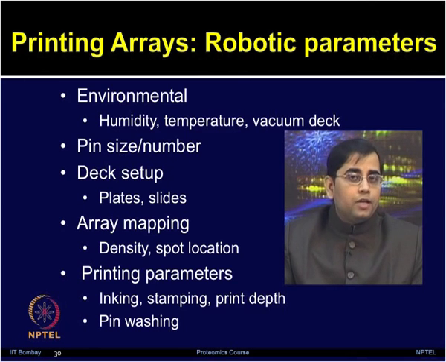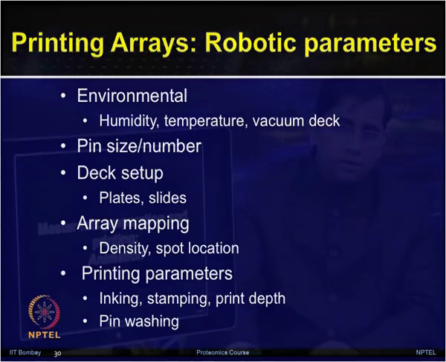So, how the pin washing is performed, and you definitely like to track and log all of this detail, so that if during a large printing anything goes wrong, you can troubleshoot and know at which step things have gone wrong. So, printing good quality arrays is very challenging, but once you have good quality arrays in your hand, then you can perform different types of experiments.